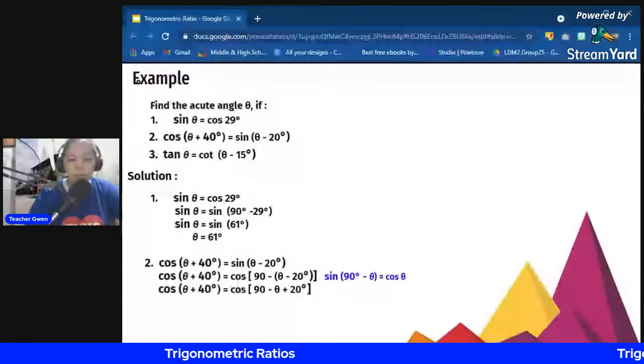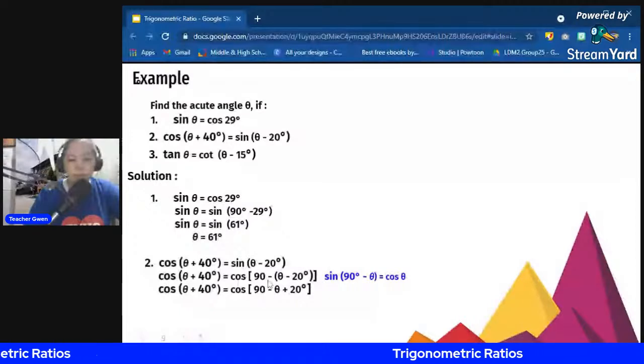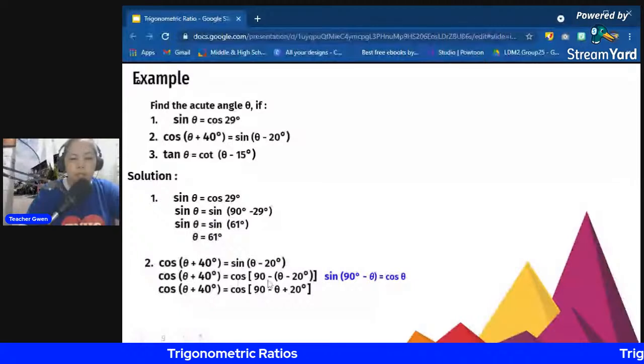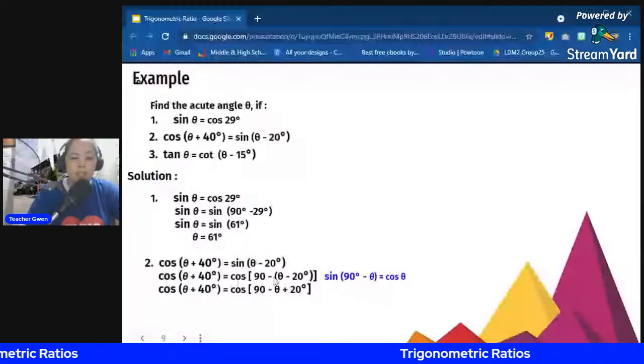Okay. So, next, we have here, ato na dayon ning distribute si negative dinhi sa parentheses, no? So, mahimo siyang negative times positive, mahimo siyang negative. The negative times negative is positive 20.